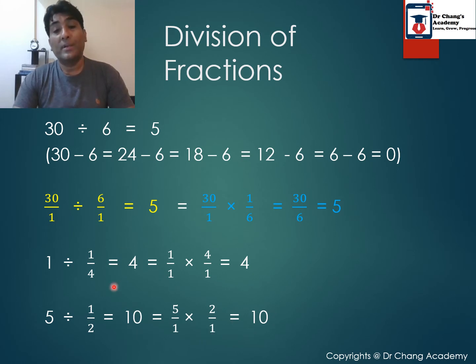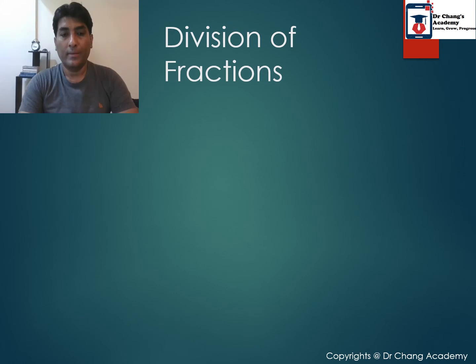So this is the common method we use. We change the division into multiplication by replacing the divisor with its multiplicative inverse, like we have done in these cases here. All right, so this is all procedural, but that's the easiest way we do.